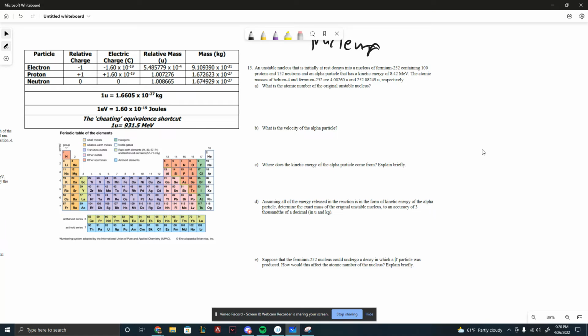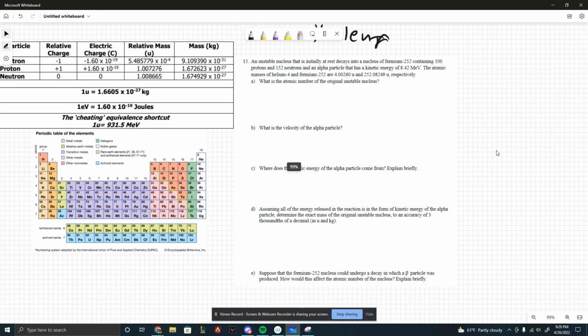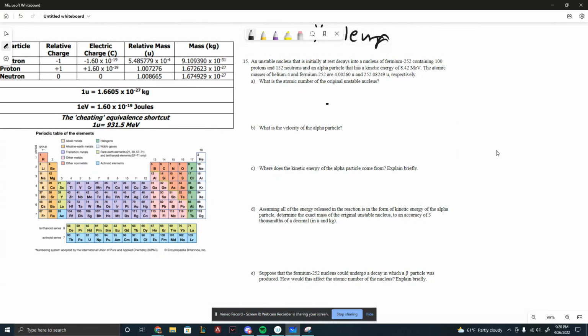That's honestly a very easy reaction. We don't know what's on the left, the original reactant, but we do know what's on the right, so we can backtrack. We know it's fermium-252, and fermium is Fm on the periodic table, I'm fairly certain. So it's fermium-252 with 100 protons, plus an alpha particle, which is just helium 4, 2.